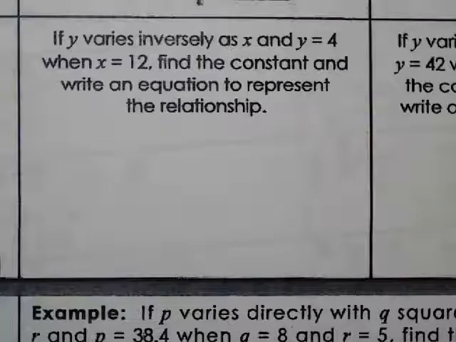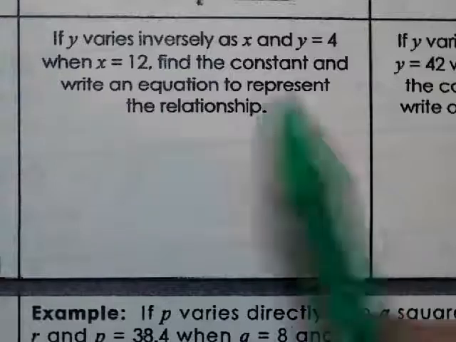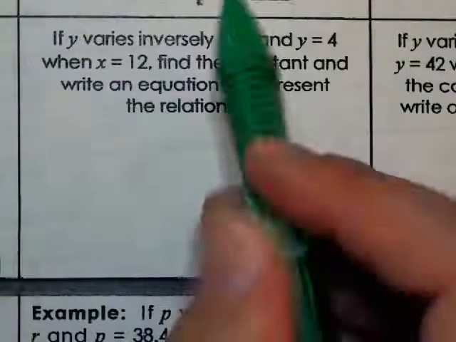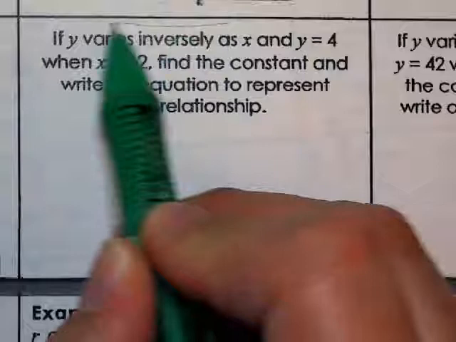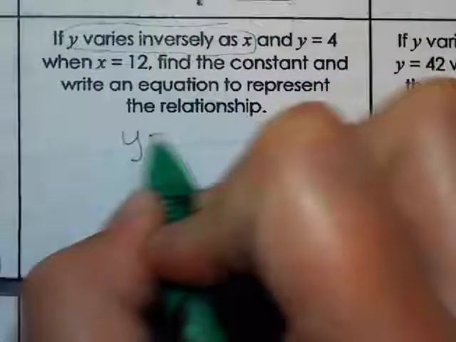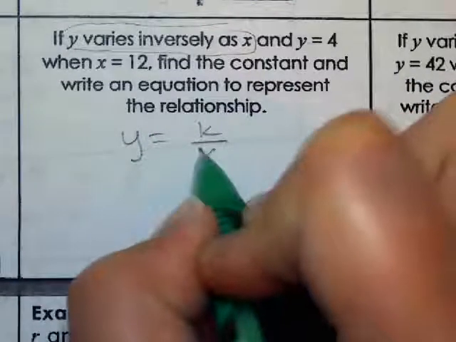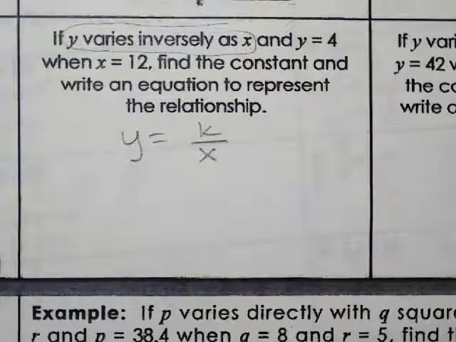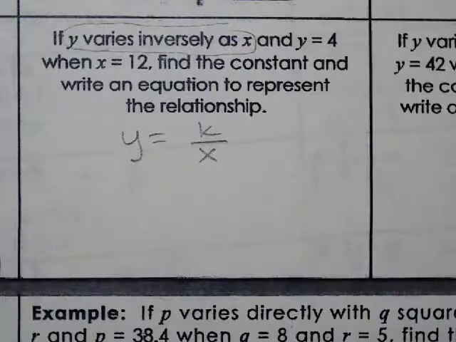So if they say that phrase, y varies inversely as x, then you're going to say y equals k over x. You're finding the constant, you're finding the k value. And so that means we're going to plug in y, we're going to plug in x.